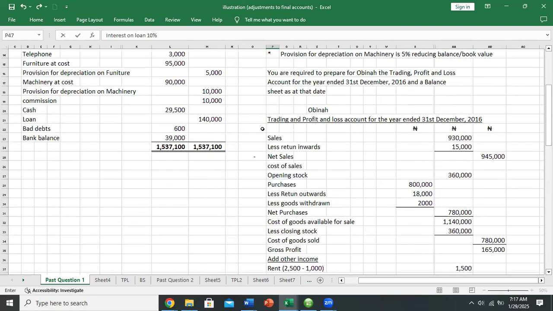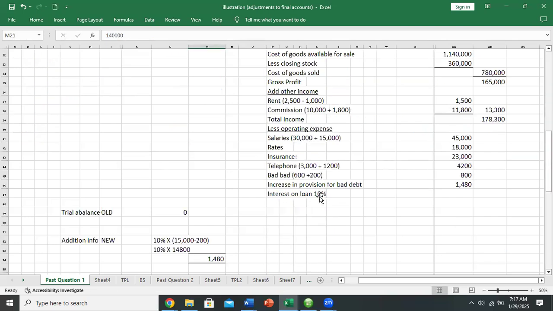So let's check our loan amount, and that's 140,000. So multiply 10% by 140. I think that'll give us 14. And that's how you deal with interest on loan.